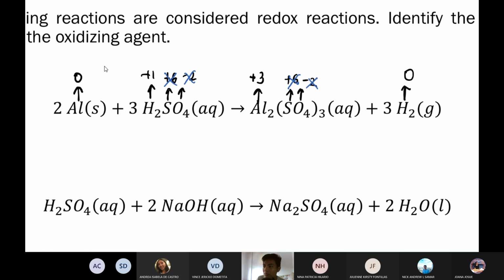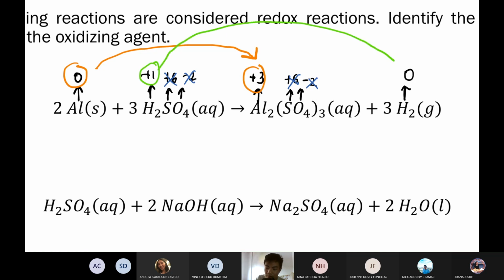Yung aluminum, pati yung hydrogen. Okay? So, let's focus on them. Yung aluminum, from 0, naging positive 3. Okay? Yung hydrogen, from positive 1, naging 0.